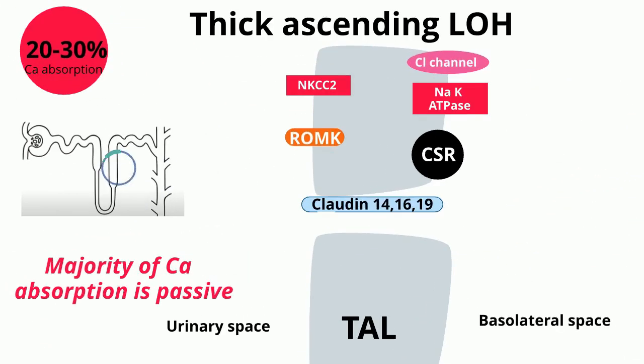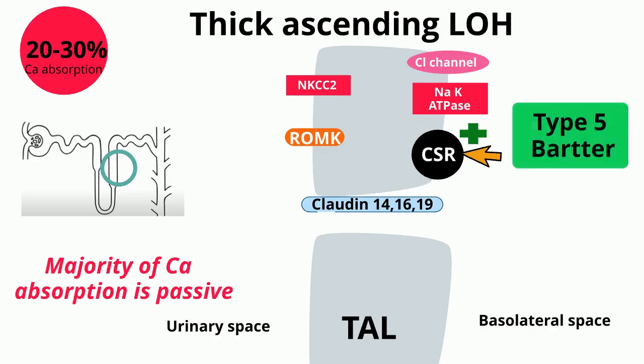Now, there is a genetic defect that causes an activation of this calcium sensing receptor. The body thinks there's enough calcium around. It's called type 5 Barter's. There's activation of the calcium sensing receptor, preventing further potassium loss through the ROMK channel.